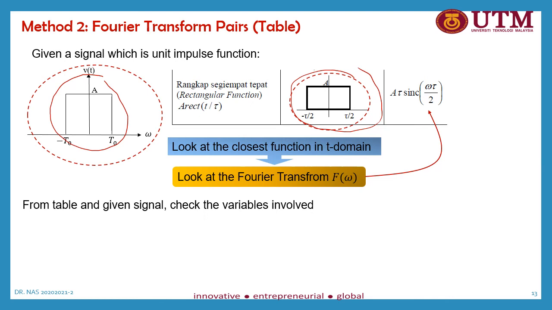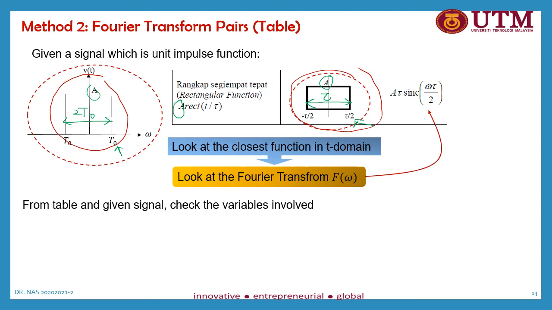For example, the magnitude here is A and the same goes here, so the magnitude is A. But if you look at the duration, here it is t0 and minus t0, but here it is tau over 2 and minus tau over 2. The size from the table is basically tau, but the size of the given signal in this case is 2 t0.